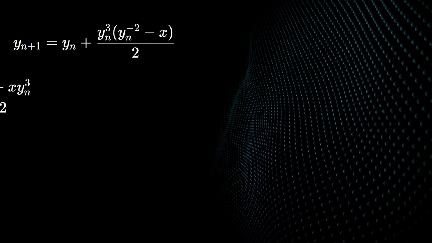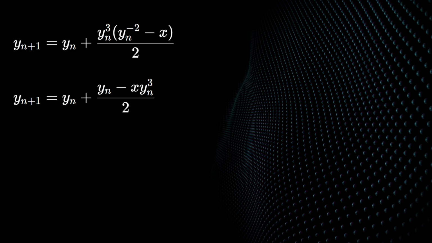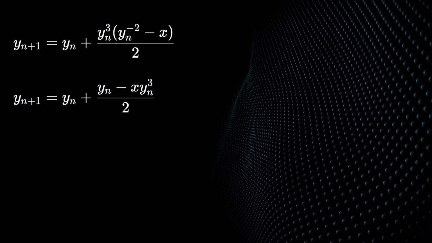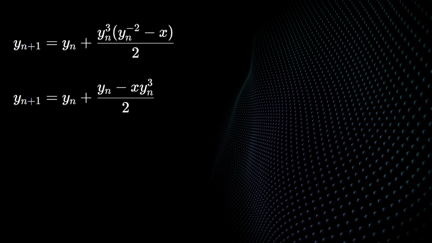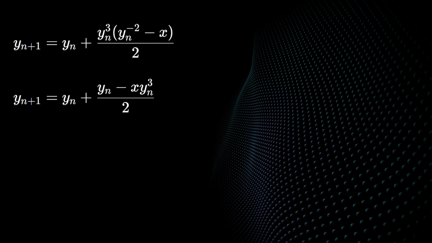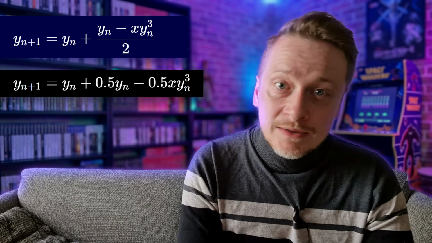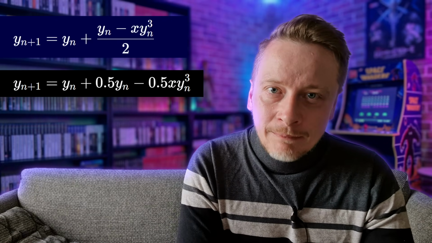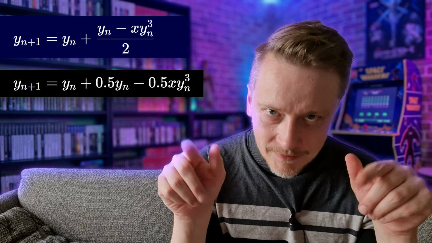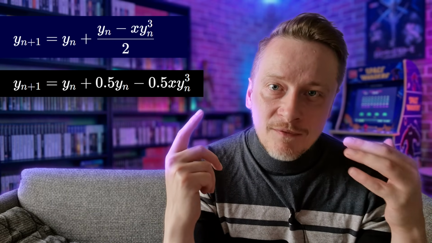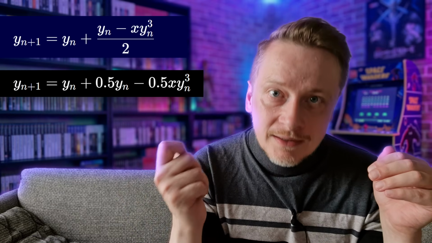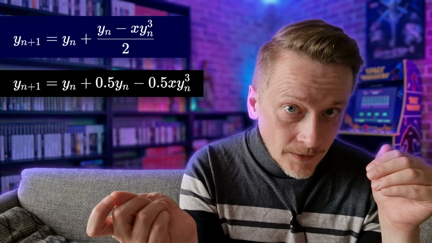Now, let's distribute this y cubed through the parentheses. y_{n+1} = y_n + (y_n - x y_n^3) / 2. Split the fraction so we can clearly see our terms. y_{n+1} = y_n + 0.5 y_n - 0.5 x y_n^3.